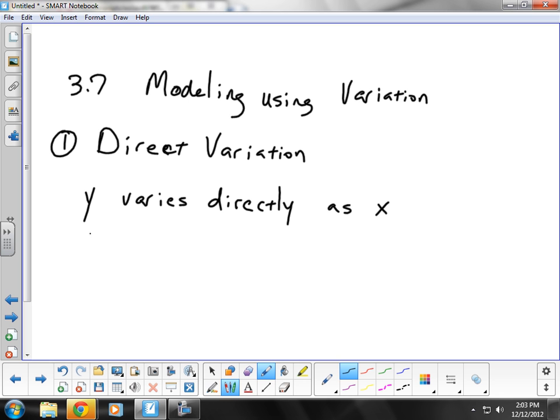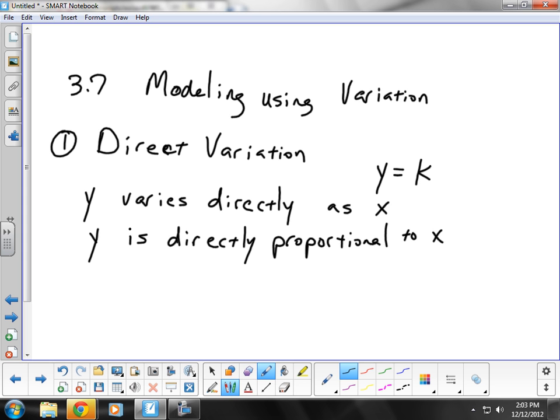Or it could say y is directly proportional to x. Okay? Anytime you see that, then the equation that you're going to be talking about is y is equal to some number times x. Can't have anything added to it, right?